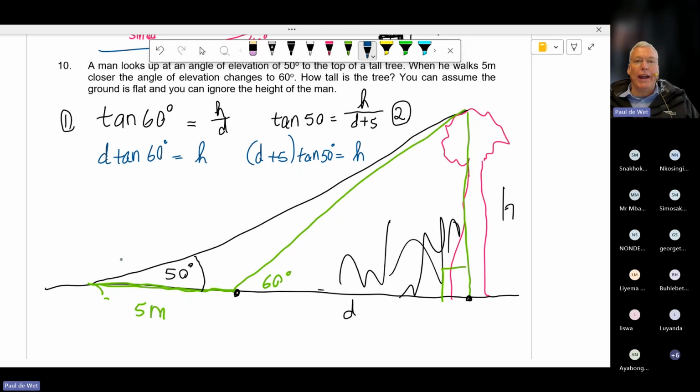Now, both of these are h, so I can make them equal to one another. I can say d tan 60 is d plus 5 tan 50.